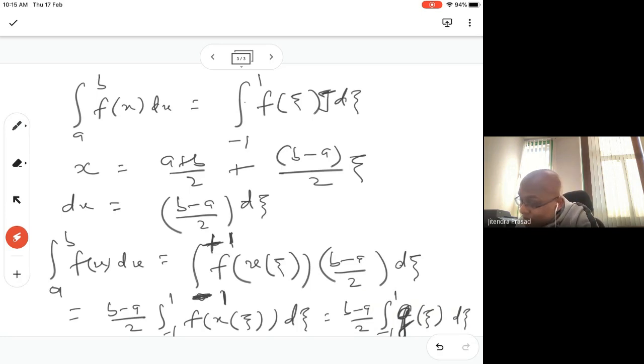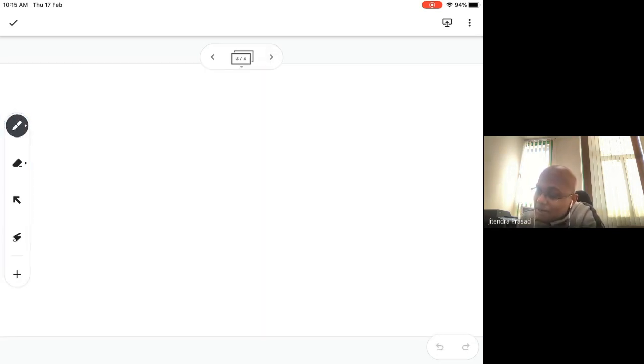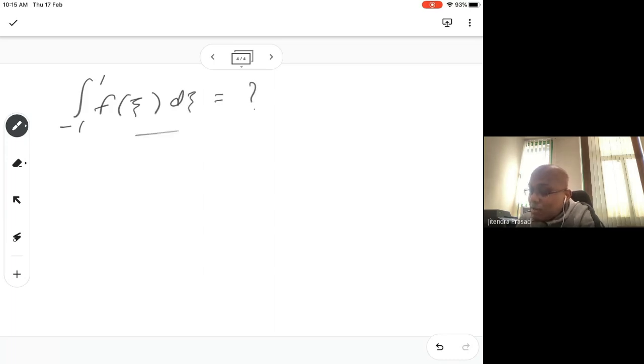So that means if we can solve this one in general, instead of writing g, we want to find out integral -1 to 1 f(xi) d xi, and for that we want to know how to numerically integrate it. That we want to do.